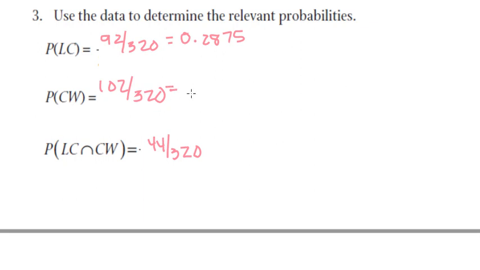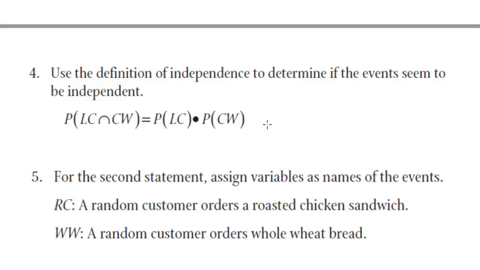Country white, we're going to make that 0.3188. And then for both, we'll make that 0.1375. So now if I want to determine if the events are independent, I want to see if they're equal. So the probability of both there is 0.1375, and that would be equal to the individual probabilities multiplied by one another.